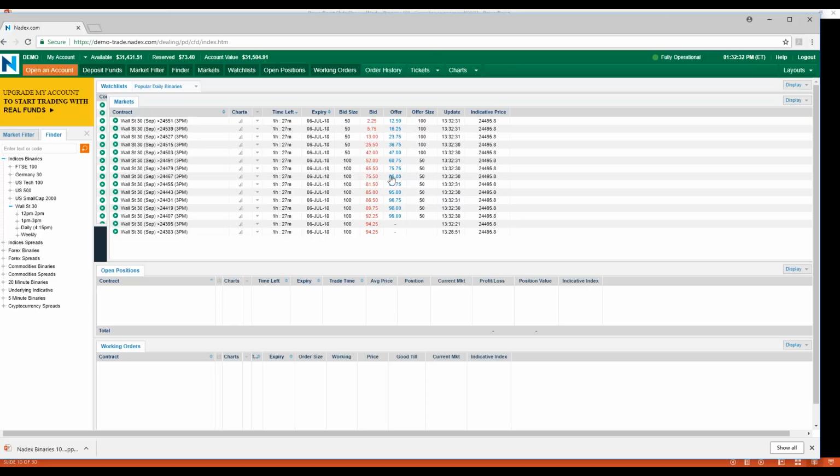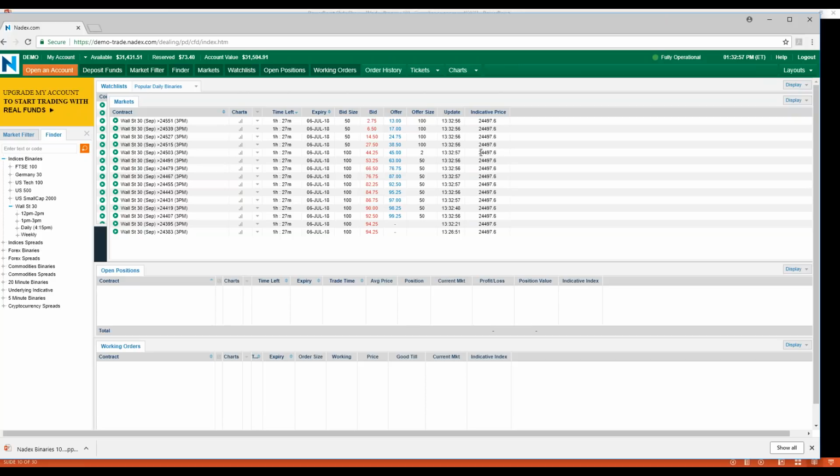Now, why are they priced this way? At expiration, 0 or 100. Where is this indicative price right here? 24,497.